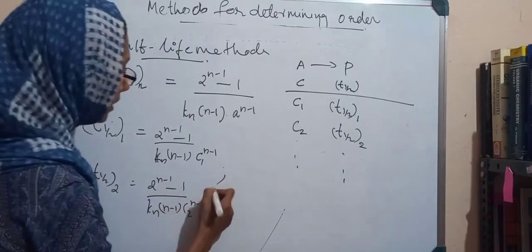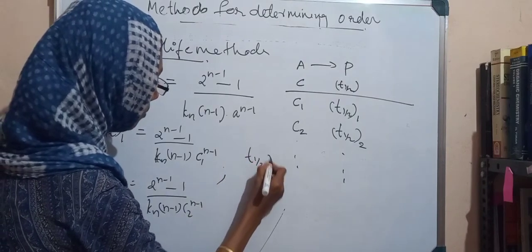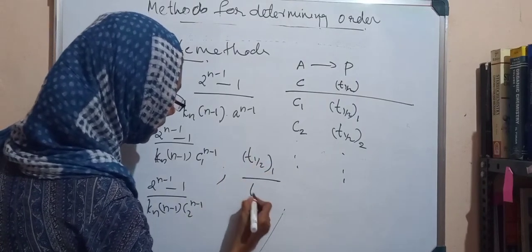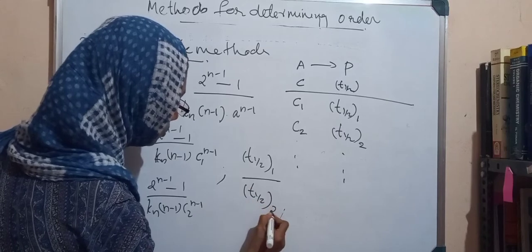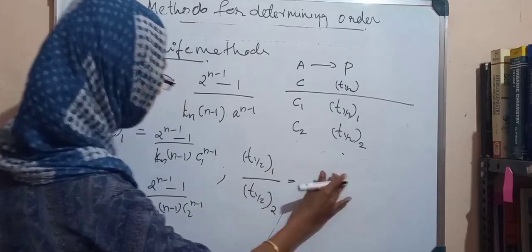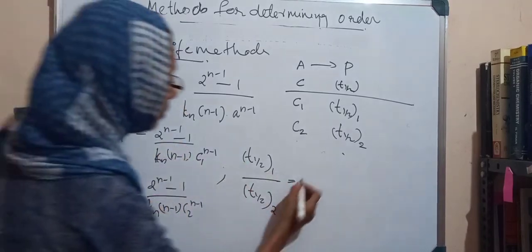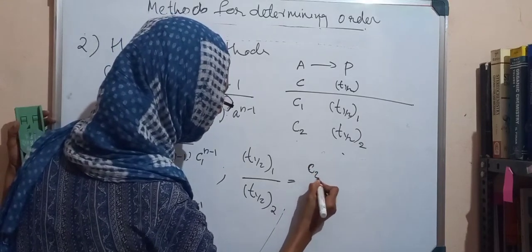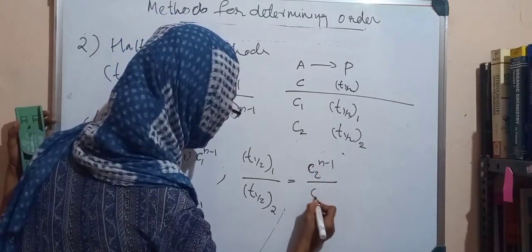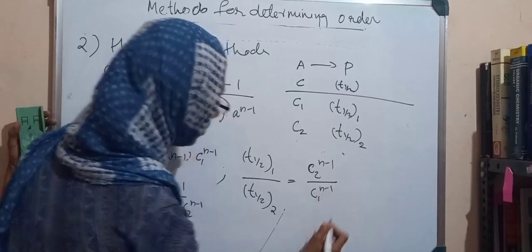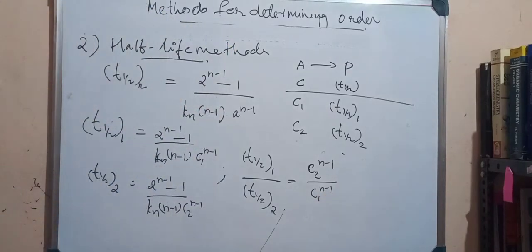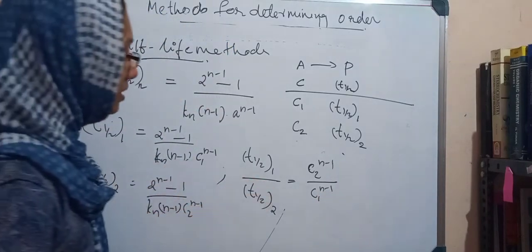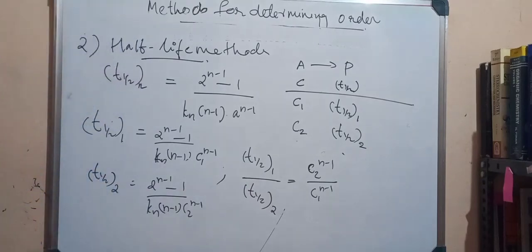Then taking the ratio, T half 1 divided by T half 2 is equal to C2 raised to n minus 1 divided by C1 raised to n minus 1.